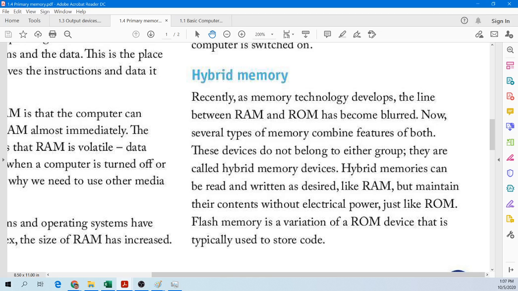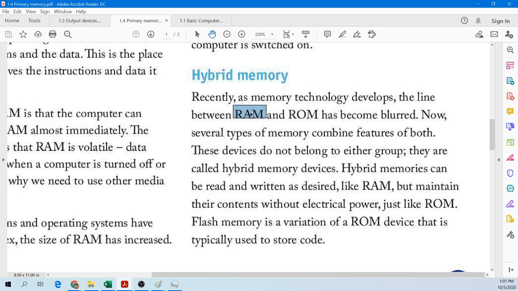So the hybrid is basically a combination of RAM and ROM. With RAM, we can read and write information. If you remember those terms, I explained them in a previous class. When you are writing information, it means you're putting information on something.